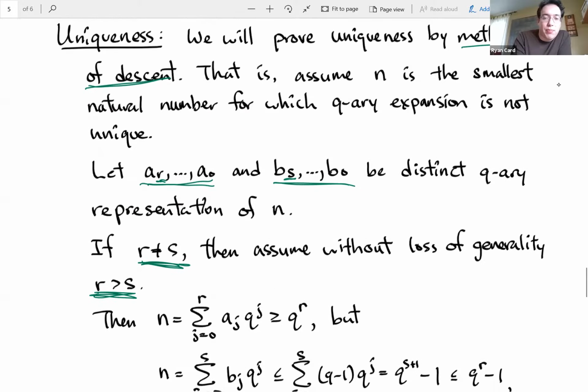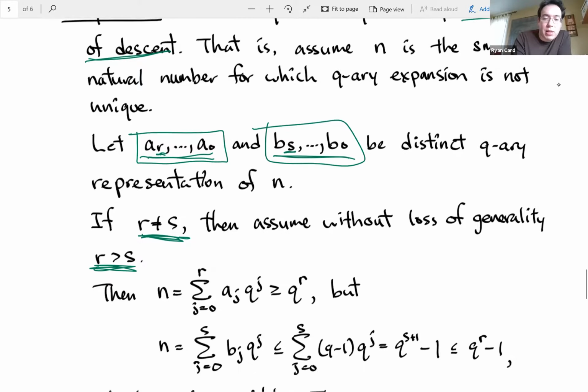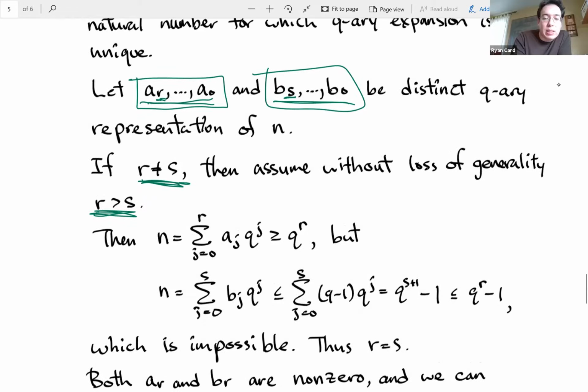So this has more digits than that. Okay, in that case, well, the leading digit is non-zero. So you have at least 1 copy of q to the r-th power. So n is bigger than or equal to q to the r. Okay, so that's fine.